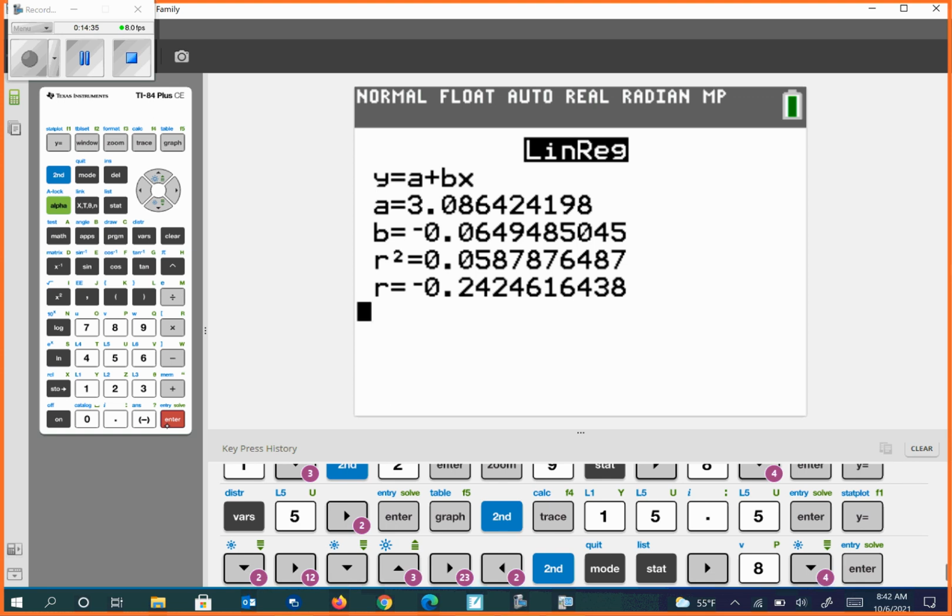So if our gross domestic product is 0, then our inflation rate is 3.086 or something like that, and that's as a percent. So you'd have a 3% inflation if you have 0 gross domestic product.